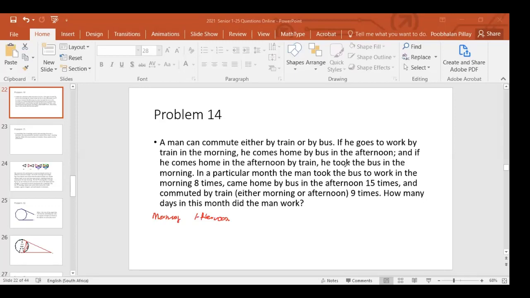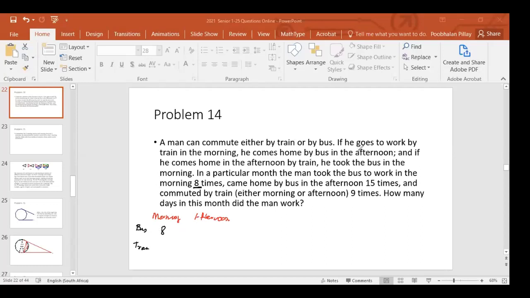Now, further down the line, they say the man took the bus to work in the morning 8 times. So if you put down here bus and train and divide this up, you see what he does in the morning and what he does in the afternoon. He took the bus in the morning 8 times.